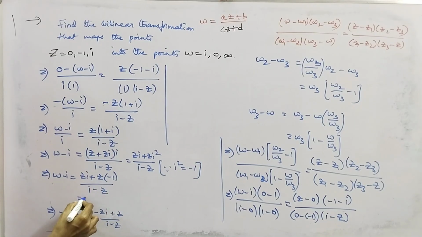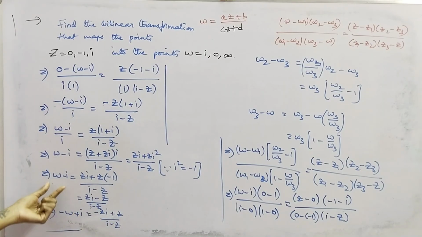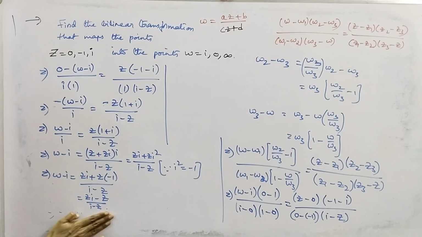This gives us zi minus z by I minus z. Okay, see, if you multiply both sides of this with minus, you'll get the same thing. Okay, there is nothing wrong in it. Okay, fine. Good. Now we have omega minus I equal to zi minus z by I minus z.